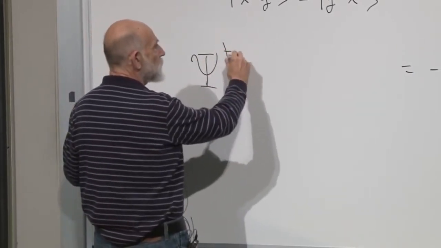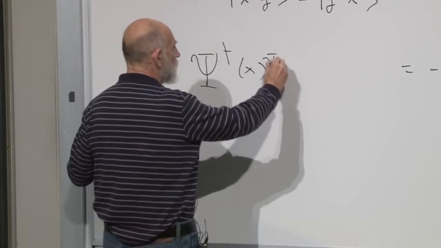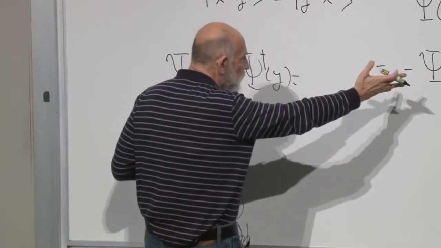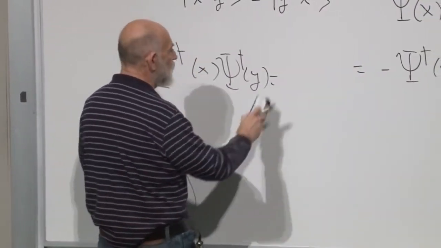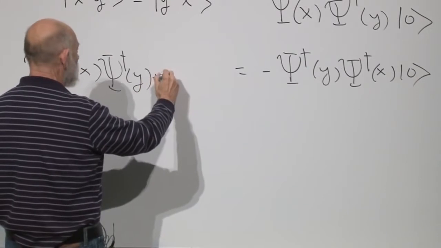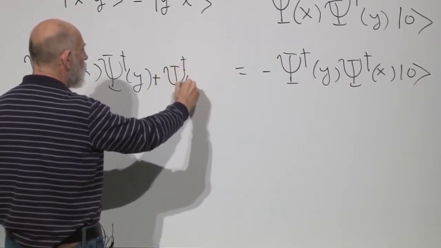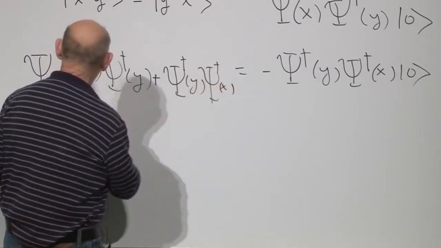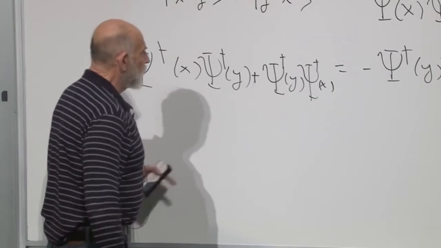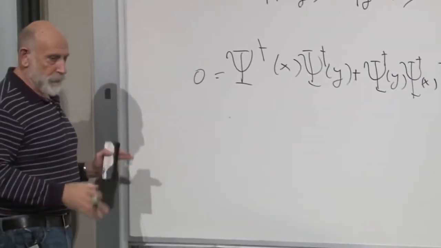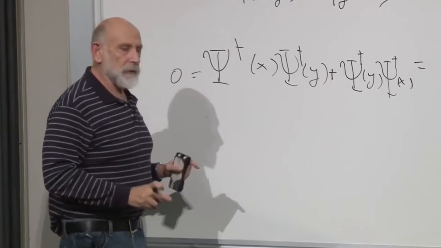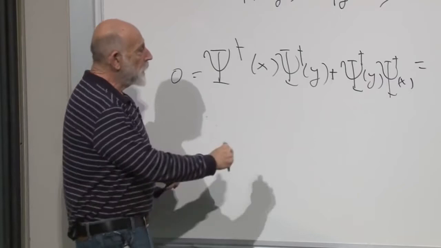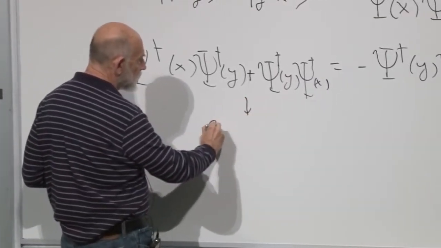So let's write out what that means. It means psi dagger of x times psi dagger of y equals minus this over here, but let's shift it to the left-hand side and write that plus psi dagger of y psi dagger of x equals 0. If you take two operators and take their product, and instead of subtracting in the opposite order, you add in the opposite order, that's called the anticommutator.